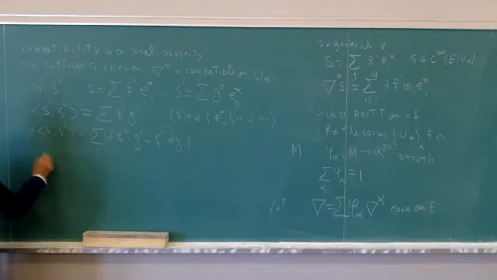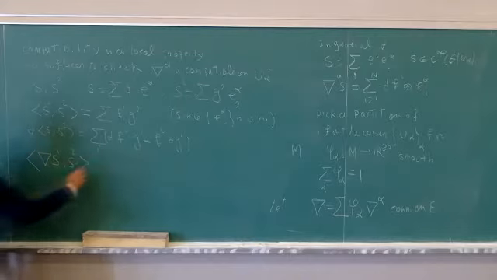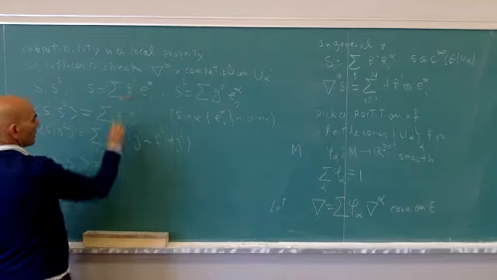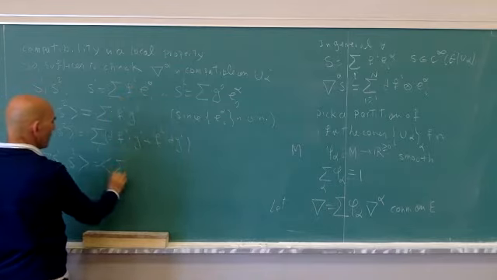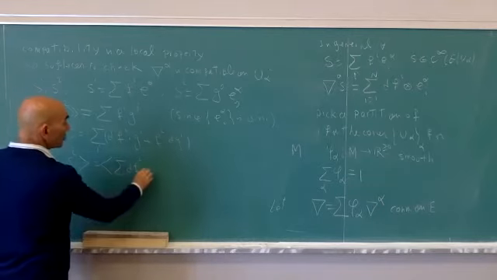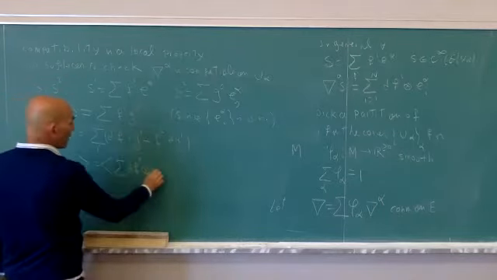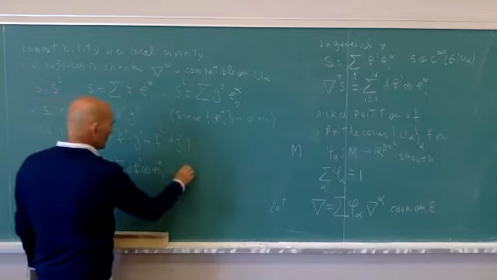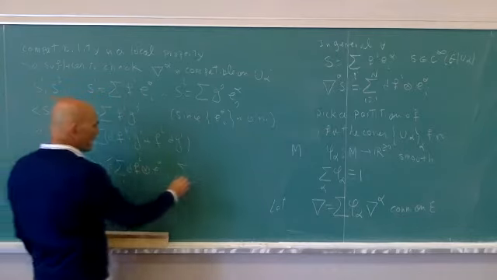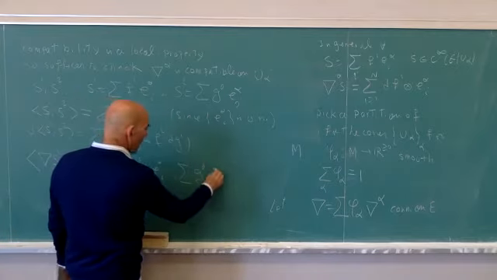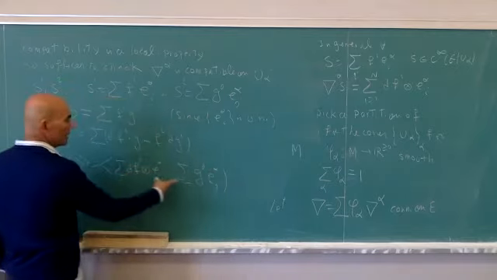Now you compute what is ∇ of S1 and S2, for example. Well, ∇ of S1 is ∇ of this, and this we know what it is. This is the sum of df_i tensor e^α_i, and then we want to take the inner product with the sum of g_j e^α_j.